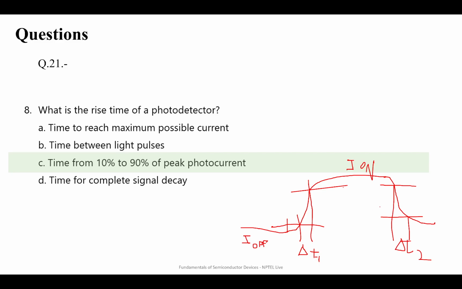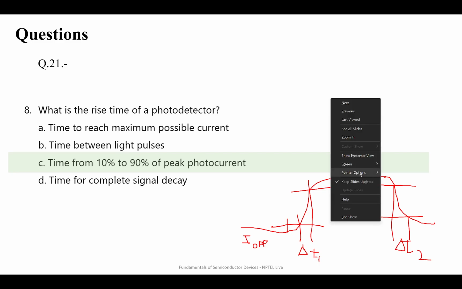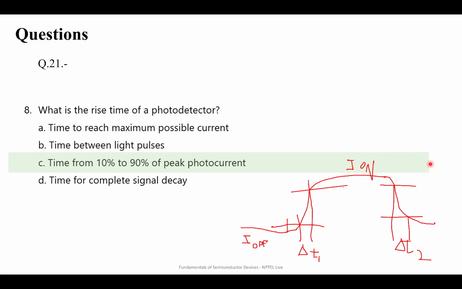This is rise time, and this is fall time. And we want them to be as low as possible to have higher bandwidth.